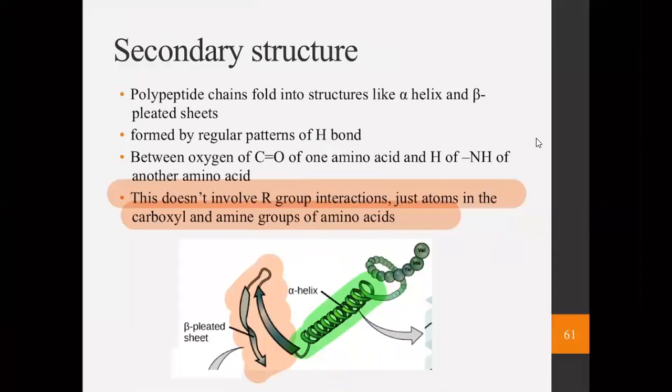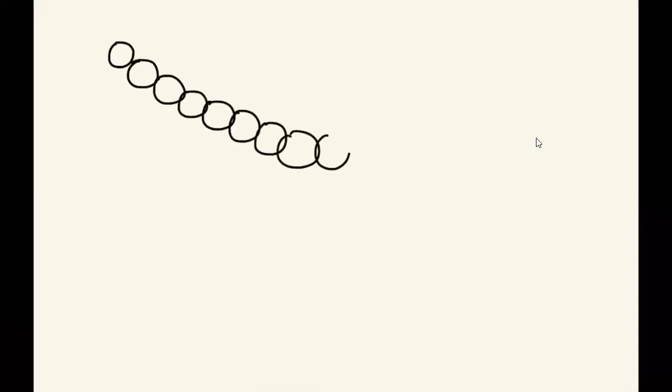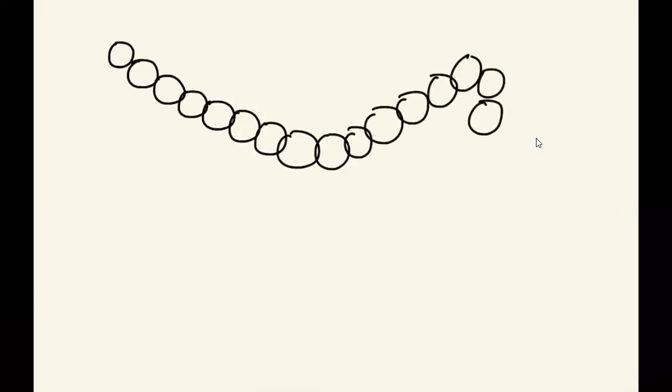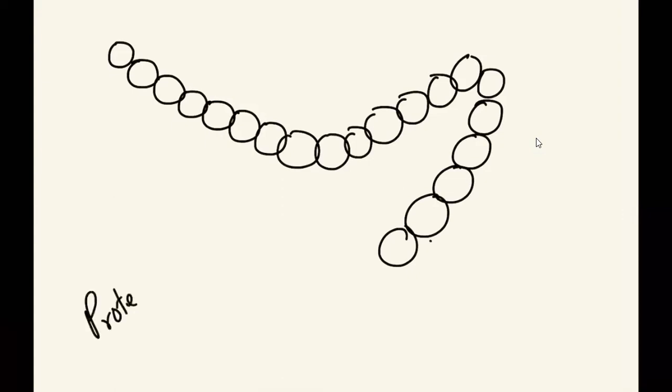Now, I will be drawing something and I will be asking you a question, okay? If I say that this is a protein, the only hint I'm giving you is that this is a protein.